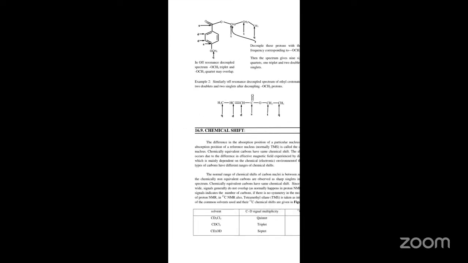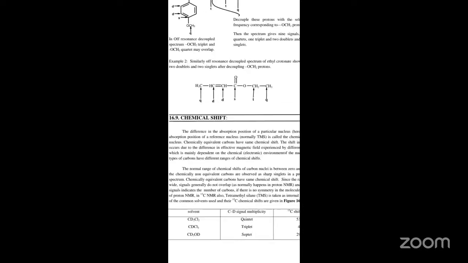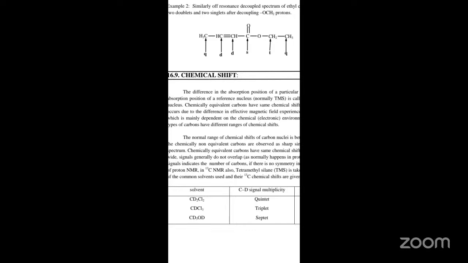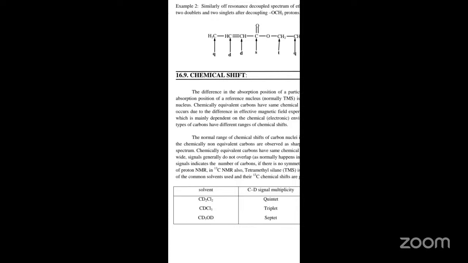Next, the chemical shift values of C13 spectra. Generally we use solvents to record the C13 spectra as in H1 NMR spectra. So here also we use solvents, and we use TMS as the reference here. The reference TMS is tetramethylsilane.